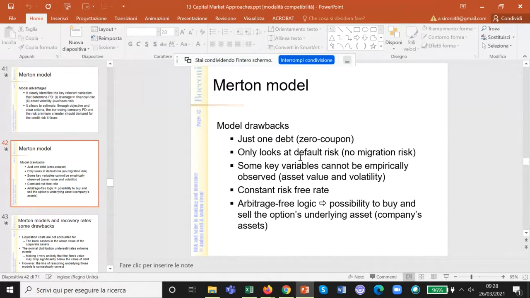On top of that, it's assuming a constant risk-free rate, and like all option pricing models, it is based on an arbitrage-free logic, i.e. the idea that you can buy and sell the underlying asset of the option, which are the company's assets, which clearly is not realistic to assume.